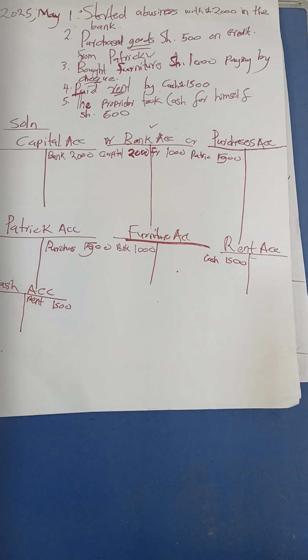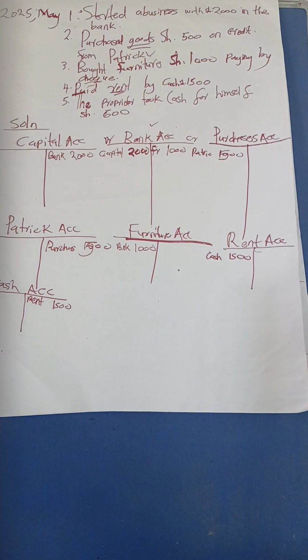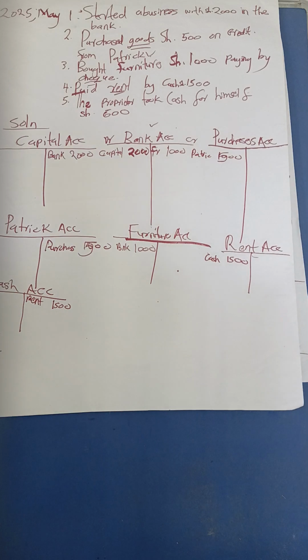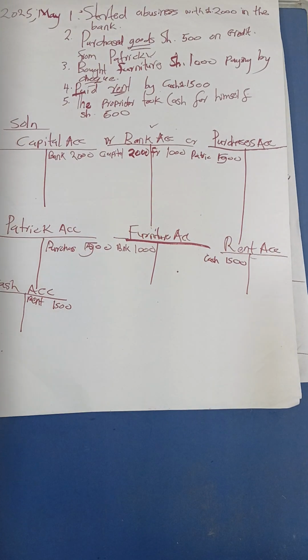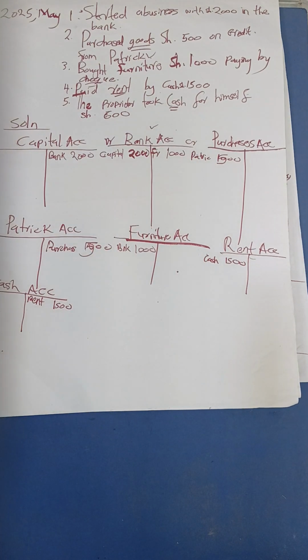The proprietor took cash for himself. Good. That is now giving us which account? The proprietor took cash, because he took from cash account, so cash account and drawings account.